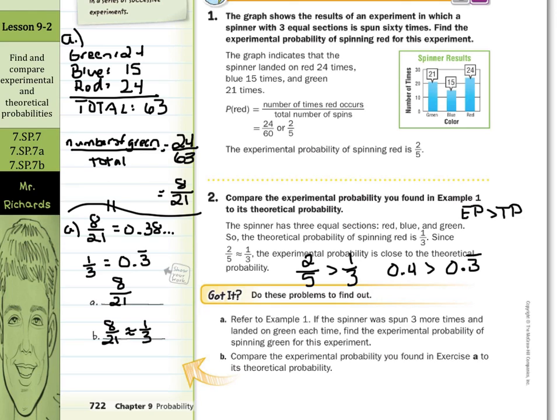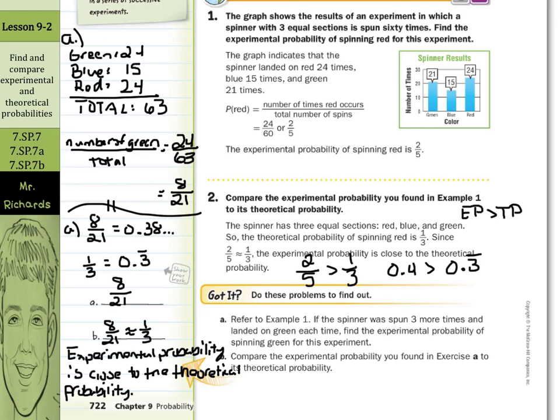And so if you wanted to say that the experimental probability is close to the theoretical probability, I would be okay with that.